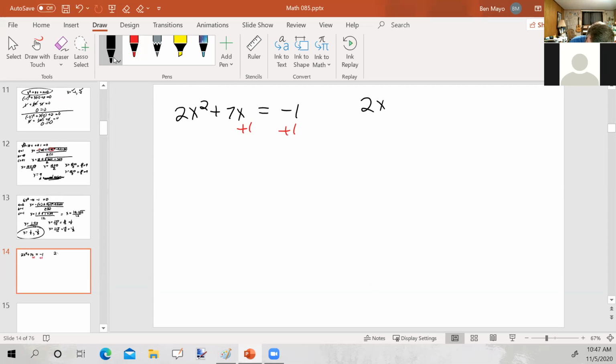So we get 2x squared plus 7x plus 1 equals 0. Always get it in standard form before you extract a, b, and c. So now a is 2, b is 7, and c is 1 respectively.